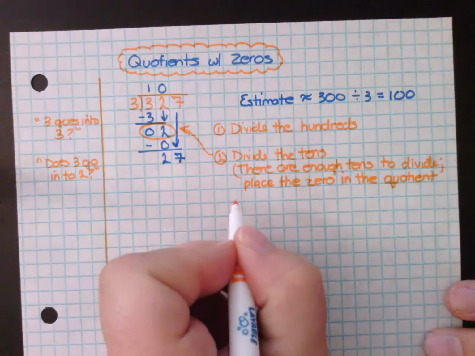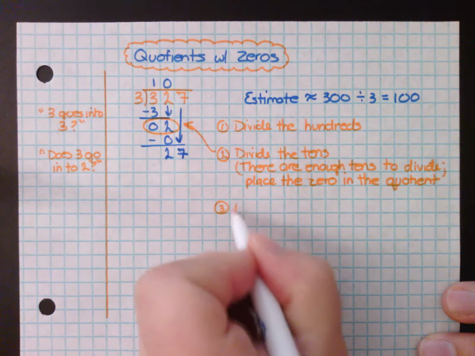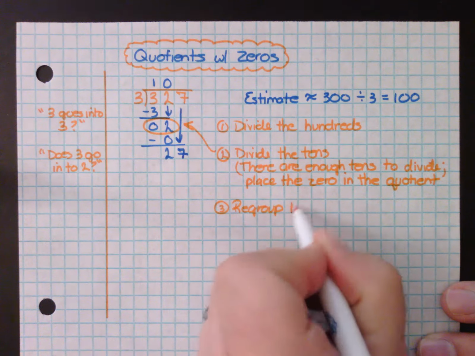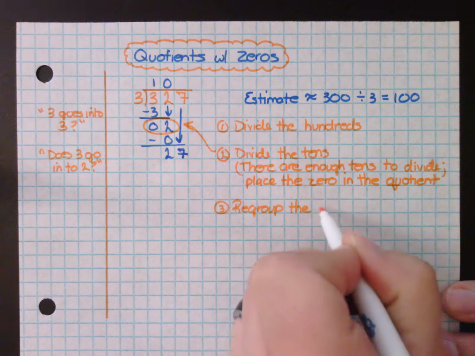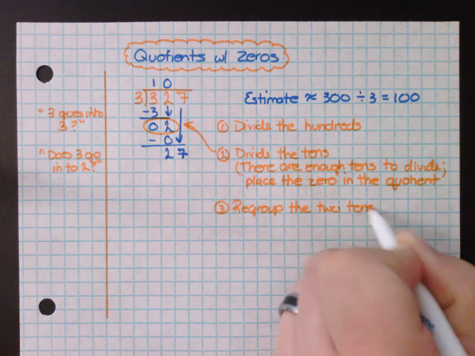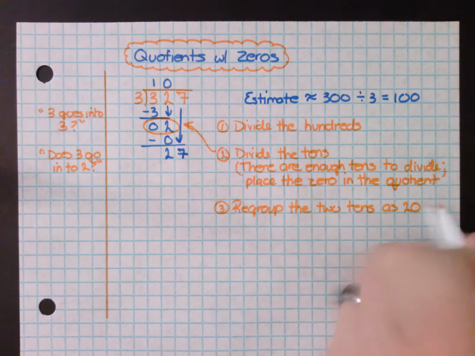Here, for step 3, I'm going to regroup the 2 tens as 20 ones.